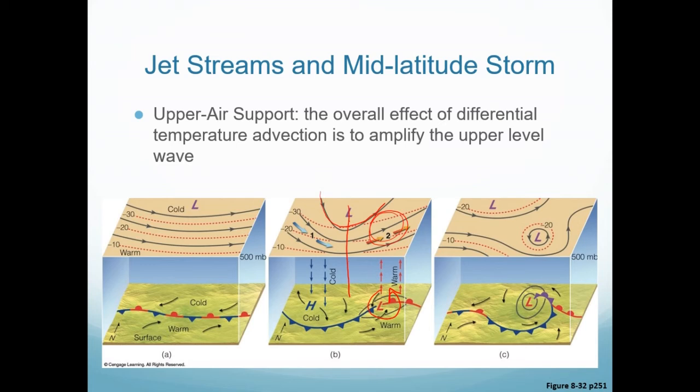Now, the final figure, look here, we've got ourselves an advanced occlusion. We're getting close to the point where we have a cutoff low. Well, aloft, that creates another low pressure system directly above the fronts, that is a cutoff low aloft.